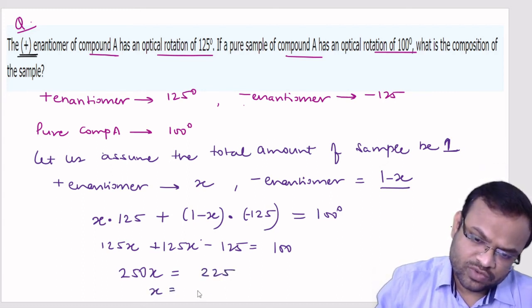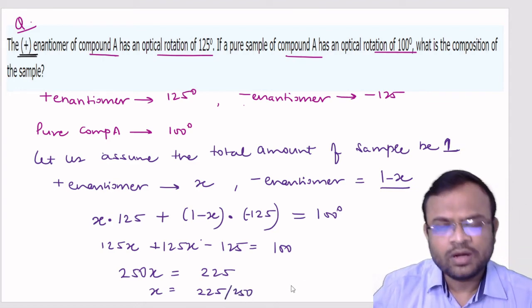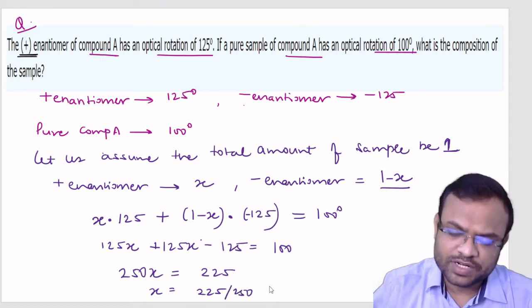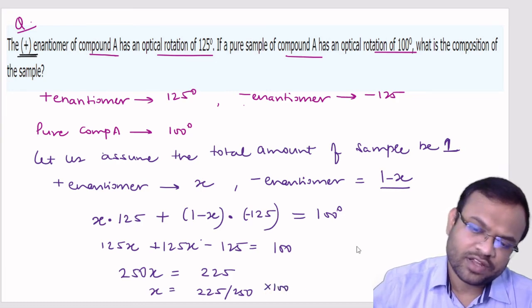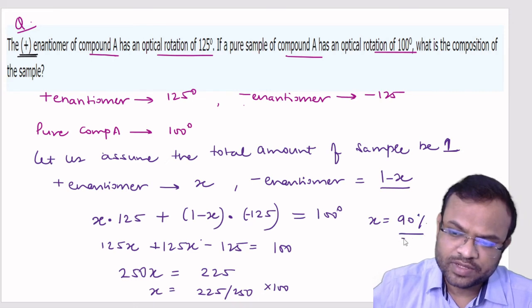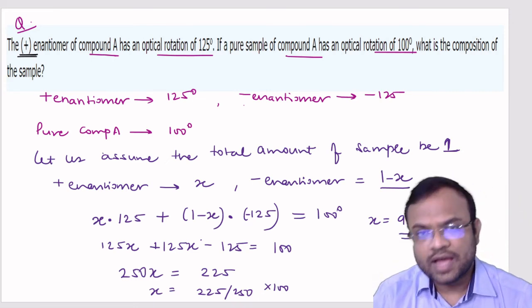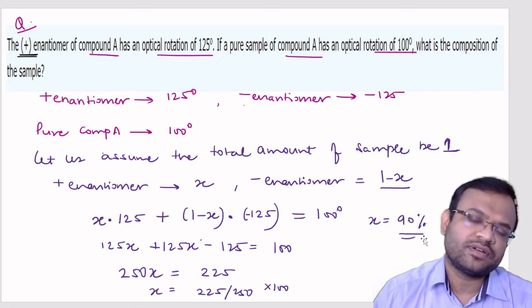Now calculate this. 250x is equal to 225. X is equal to 225 upon 250. Now if you want to calculate the percentage, multiply it by 100. X would come out to be around 90%. That means the positive enantiomer had a concentration of 90%.